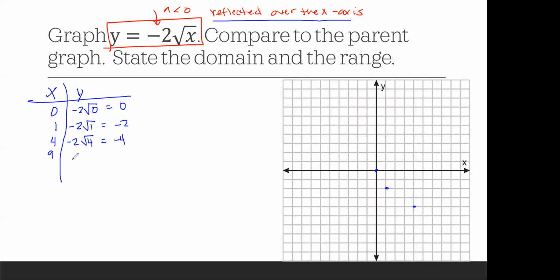I'll plug in 9, because I know the square root of 9 is 3, and 3 times -2 is -6. So if I go 1, 2, 3, 4, 5, 6, 7, 8, 9, and down 1, 2, 3, 4, 5, 6, I put a point there. So I can see what my graph is going to look like.